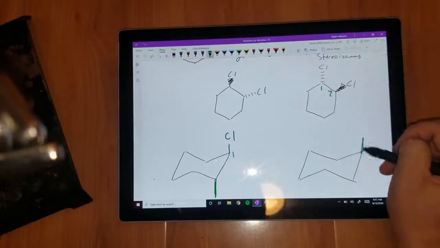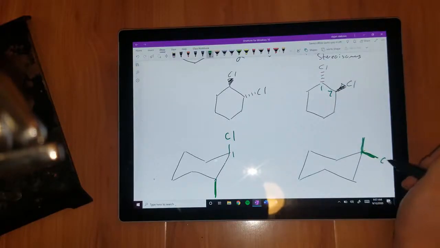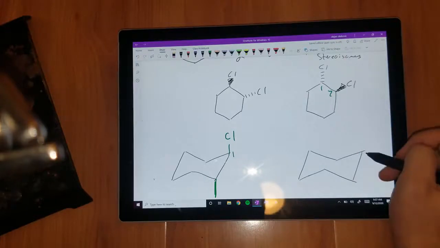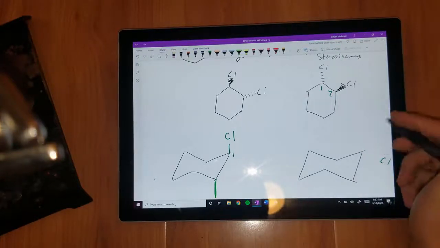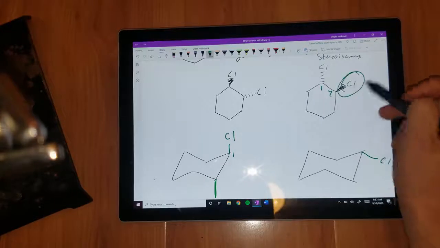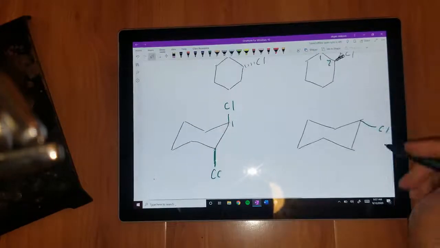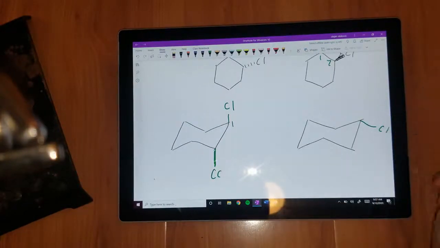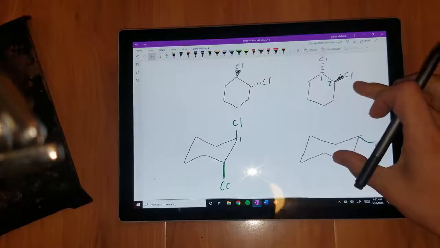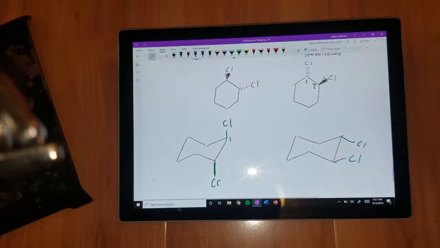If you think this is up, so this is down. And then this chlorine over here is up. If you think about it, this axial position is down, and so this position is up. So we've got two different looking structures right here, at least. We'll see if they're actually different.